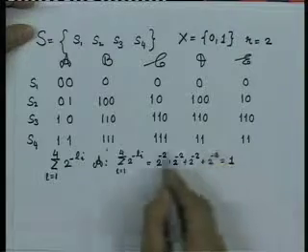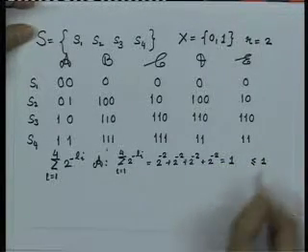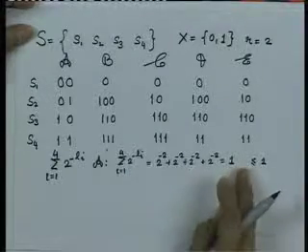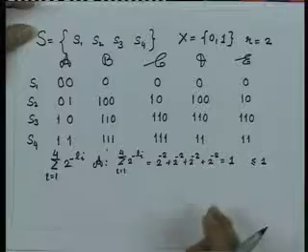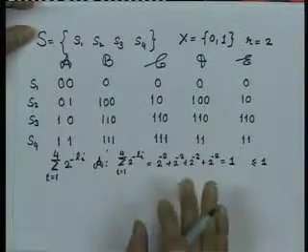This satisfies the Kraft inequality, which says that this quantity should be less than or equal to 1. Because it is satisfied, I can be assured that I can have code word lengths of 2, 2, 2, 2. All the code word lengths can be of equal length 2 in this case.